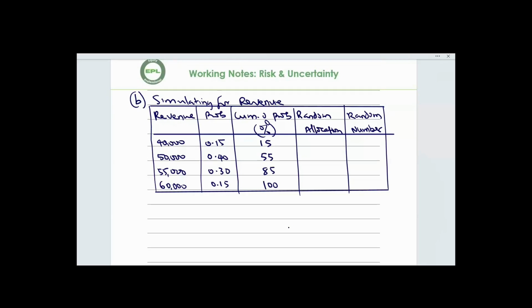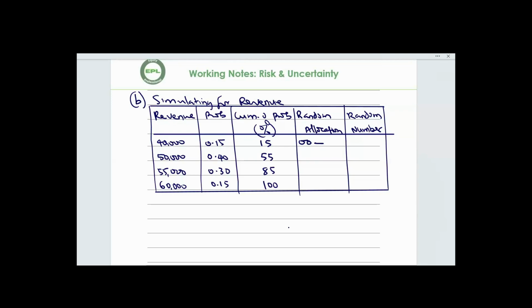Now, like I said, the random allocation is like a class interval. You start from 0, and you use the cumulative of the probability to derive your random allocation. You use your random allocation to assign your random numbers.